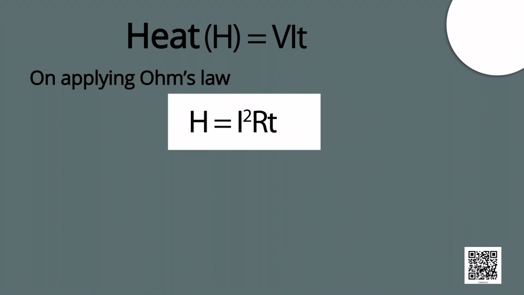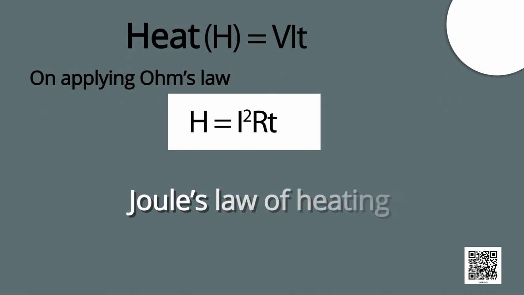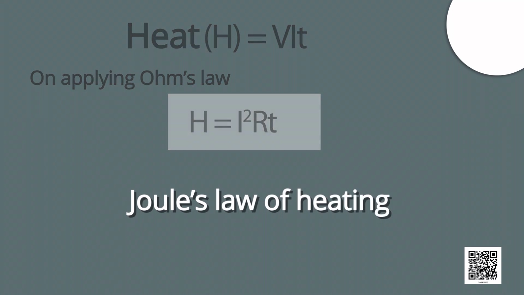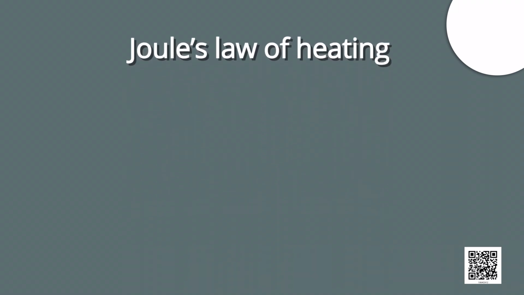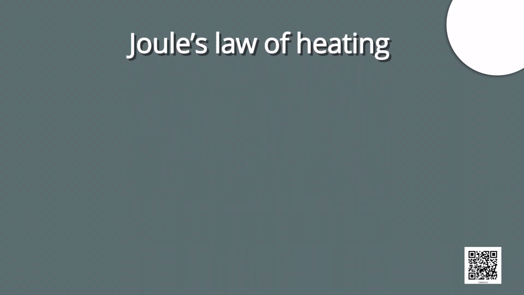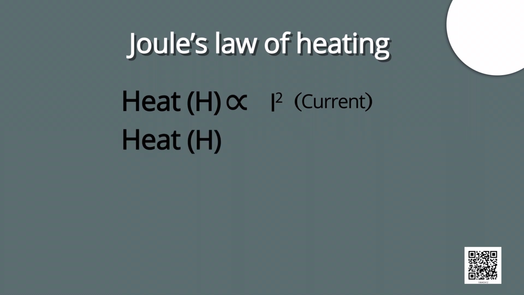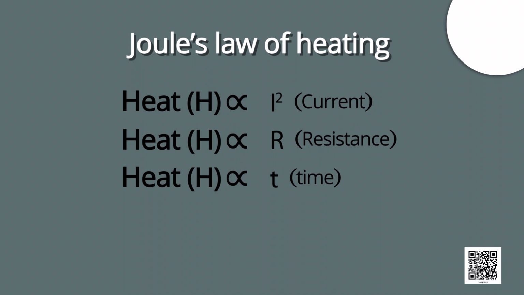This is known as Joule's law of heating, and this law implies that heat produced in a resistor is directly proportional to the square of current for a given resistance, directly proportional to the resistance for a given current, and directly proportional to the time for which the current flows through the resistor.